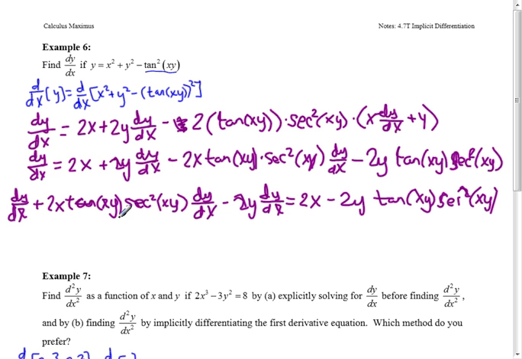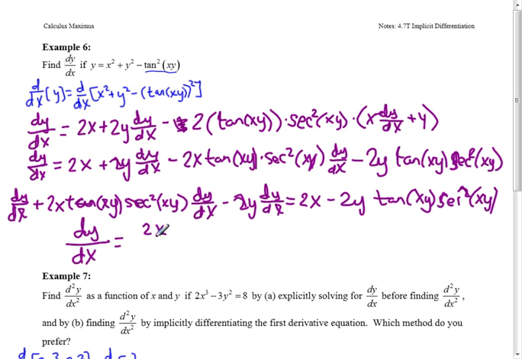So, if I was going to show this step, I would factor out a dy/dx. I would have a 1 plus 2x tangent xy secant squared xy minus 2y. Okay, so dy/dx times that whole part equals this. And the last step I would do would be to divide by the 1 plus 2x tangent xy secant squared xy minus 2y.